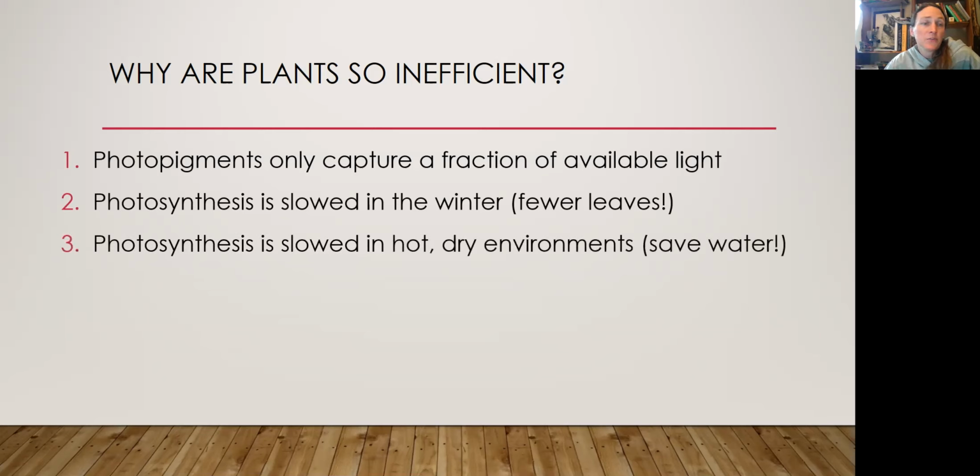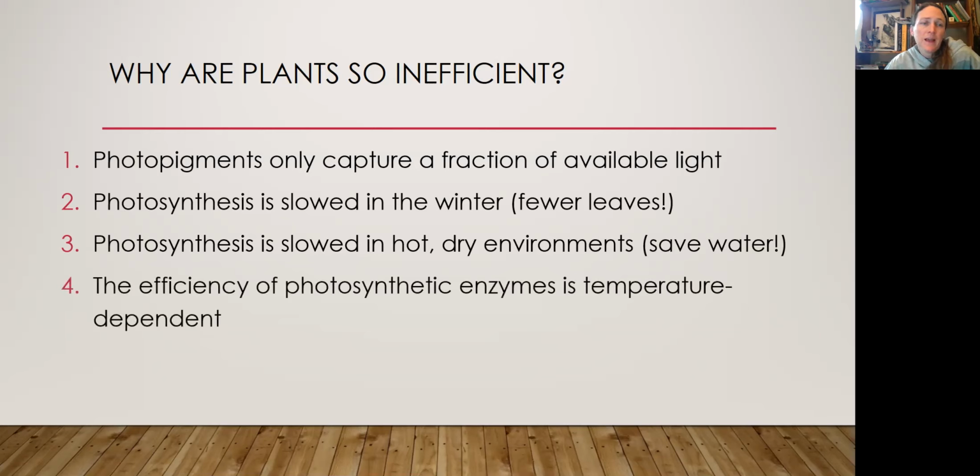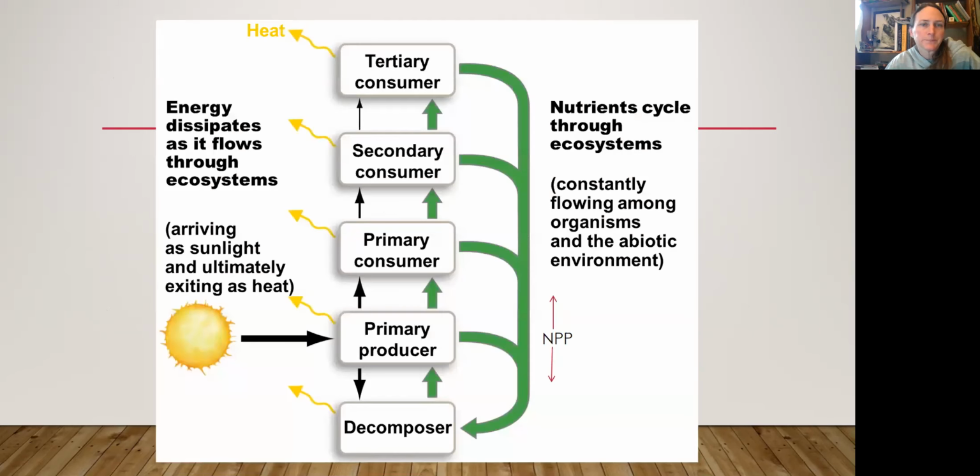The other is that photosynthesis is very slow in very hot and dry environments when plants are trying to save water, so they stop photosynthesizing or slow it down quite a lot. And the last is that the efficiency of these photosynthetic enzymes is temperature dependent, and so happens at different rates depending on the temperature.